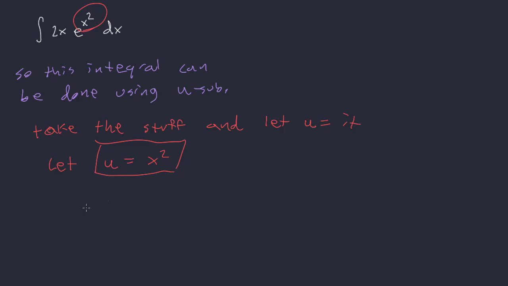And then, if u is equal to x squared, that means du by dx is equal to 2x. Now, what do we do from here? Well, this may seem a little odd, but what we're going to do is move this dx over, and that gives us that du is equal to 2x dx.